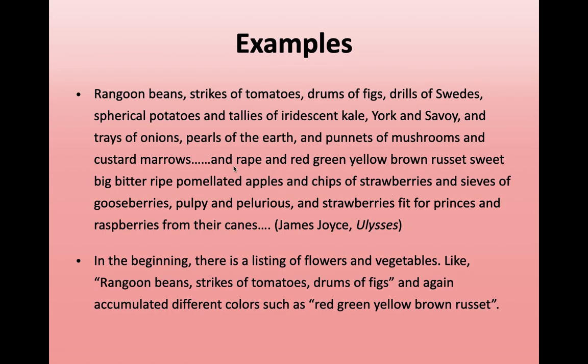He is deliberately giving a long list. The intention is not to tell us that so many flowers and vegetables are there. But as the list goes on, you get a new feeling. These words and this list begin to convey other things. In the beginning, it's just a list of flowers and vegetables, like Rangoon beans, strikes of tomatoes, drums of figs.